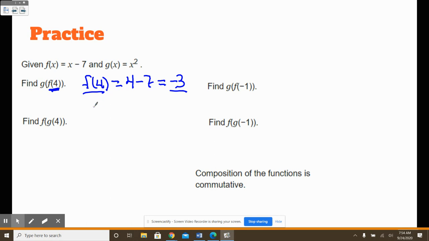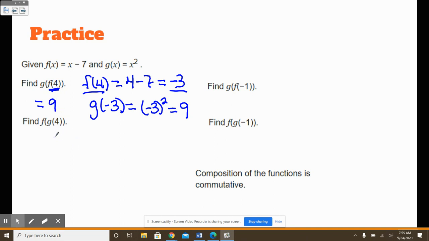So my new problem becomes g of negative 3. Go to function g, take out the x, put in the negative 3, don't forget your parentheses here, and we get the answer of 9. So g of f of 4 equals 9.